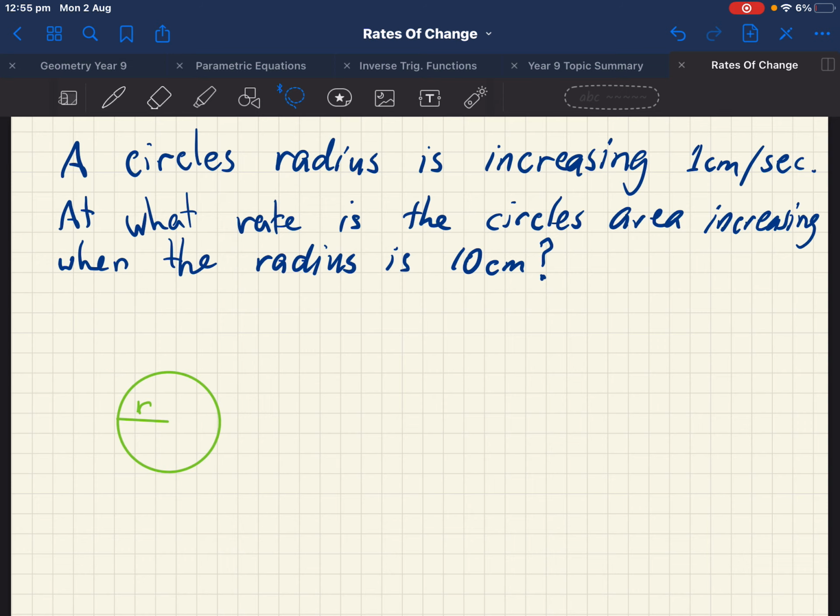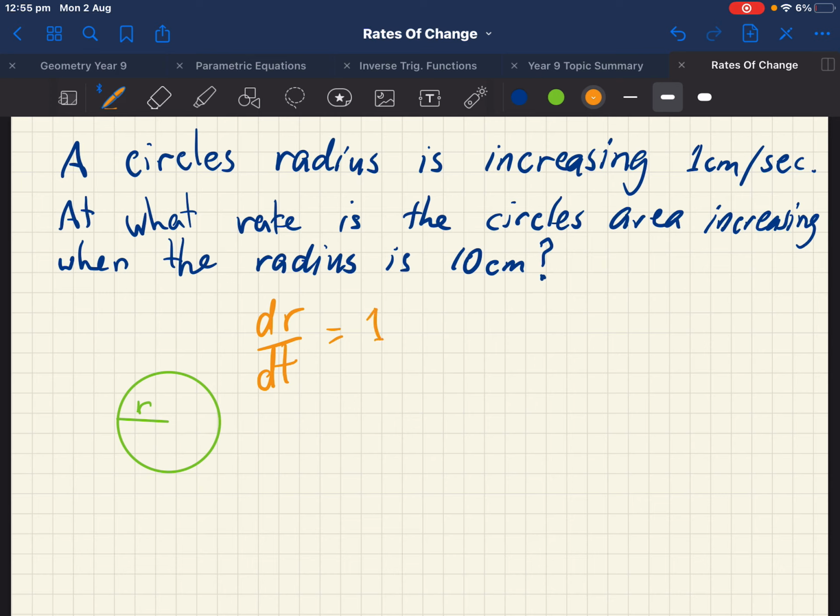All right, so how do we do these questions? Well, what do we know? The circle's radius is increasing at 1 centimeter per second. So the rate at which the radius is changing, dr/dt, the rate at which the radius is changing with respect to time, is equal to positive 1 centimeter per second.